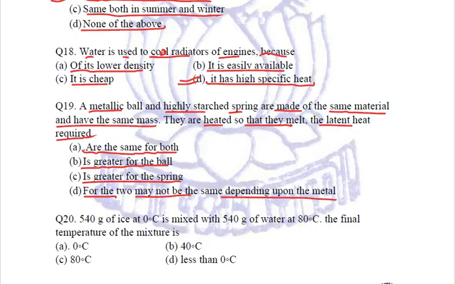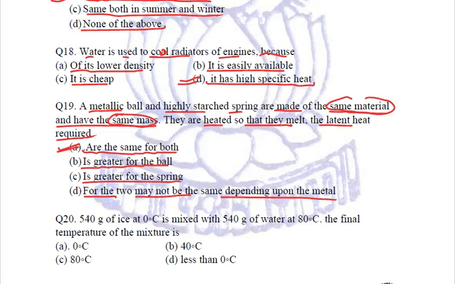Now, since both the ball and spring are made up of the same material and have the same mass, when they are heated to melt, the latent heat required needs to be the same. It will be the same for both. So A is the right answer, that the latent heat will be the same for both the ball as well as the spring. Let us come to the next question.